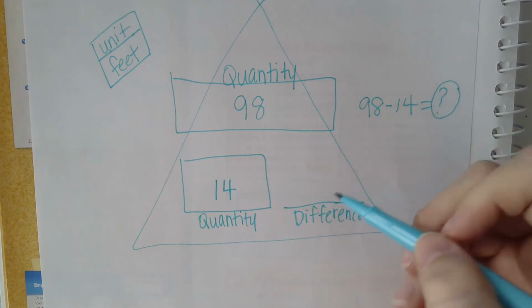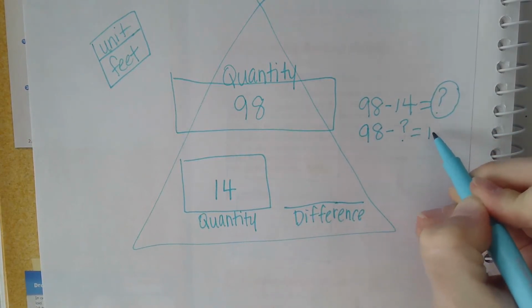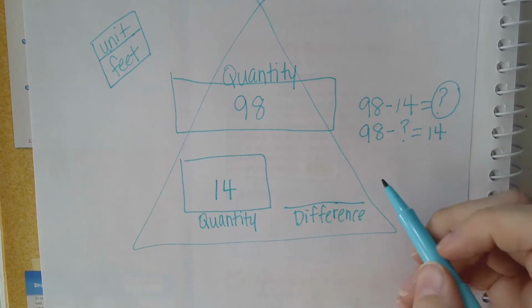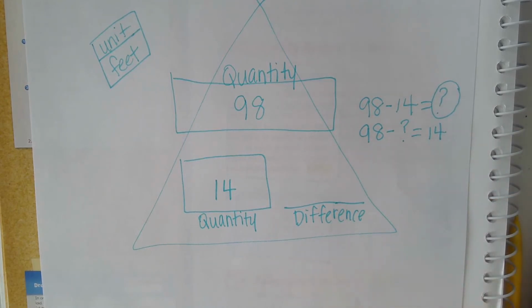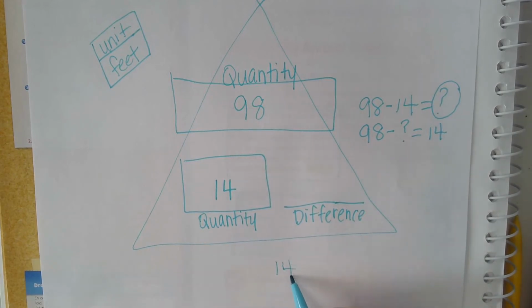I could think 98 minus the mystery number equals 14. I could even think about it in an addition way. I could think 14 plus the mystery number equals 98, or the opposite way around, the mystery number plus 14 equals 98. So whichever way you want to think about this, you can use it to get the correct answer.